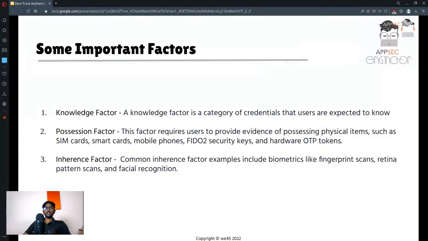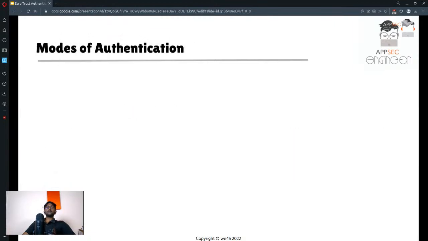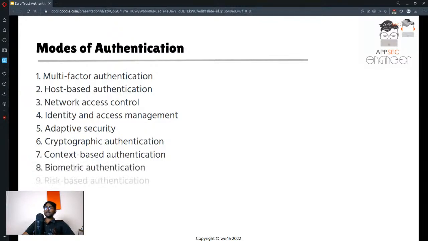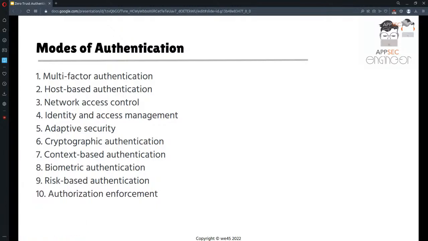So, for example, for a person, it would be biometric scans, but for a device, it is going to be a MAC address that is tied only to that device's hardware. So there are multiple forms of authentication that we can talk about: multi-factor authentication, host-based authentication, network access control, etc. And all of these, when implemented correctly, will give you a much more secure and robust way of talking to your devices and to your users.